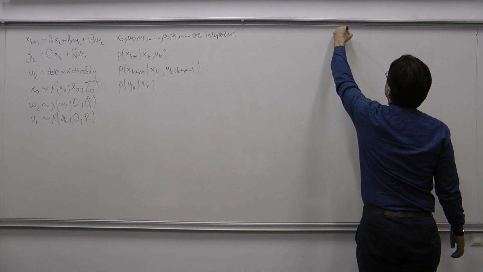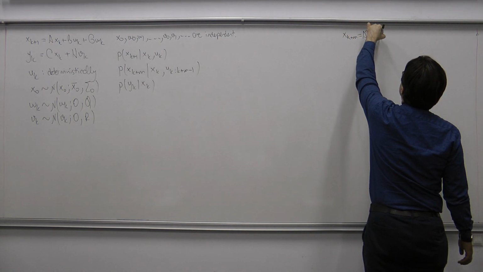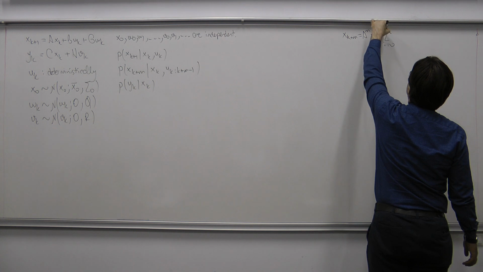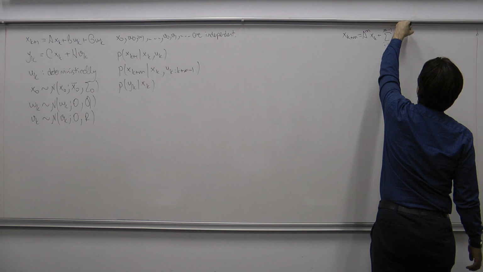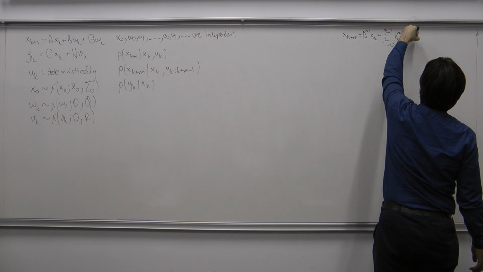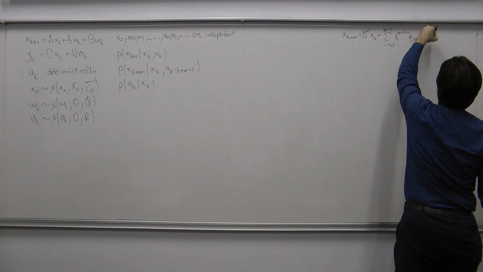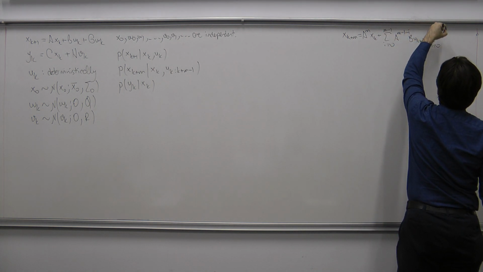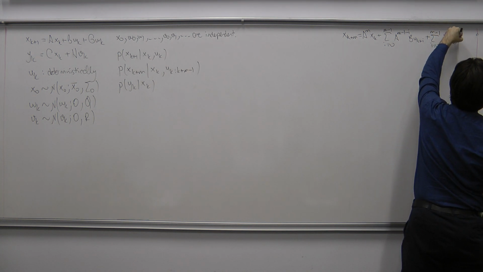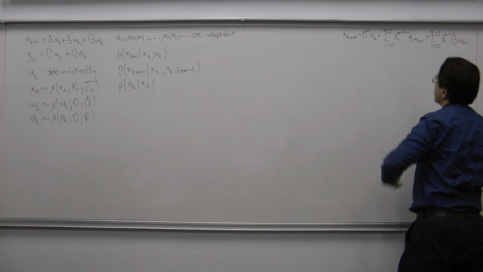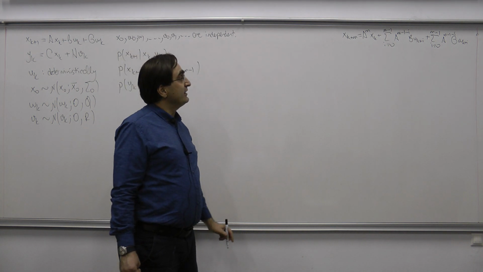I can write that here again: x_{k+m} is equal to A to the m x_k, plus the sum over i from 0 to m-1 of A to the m-1-i B u_{k+i}, plus the sum over i from 0 to m-1 of A to the m-1-i G w_{k+i}. This is the m-step transition function of the state.